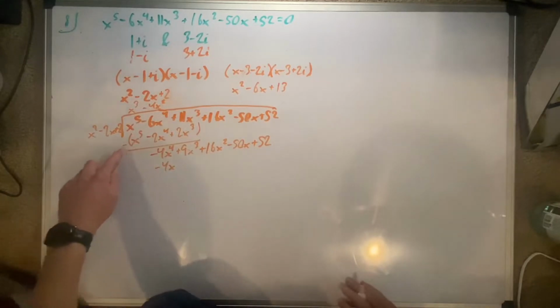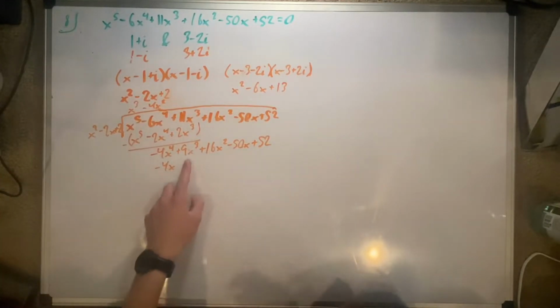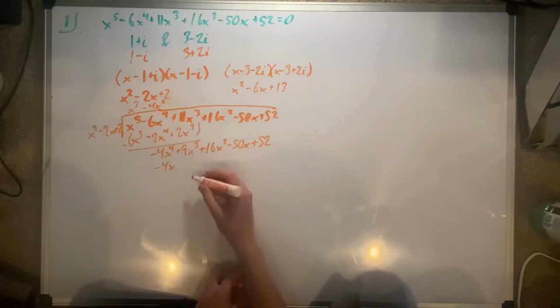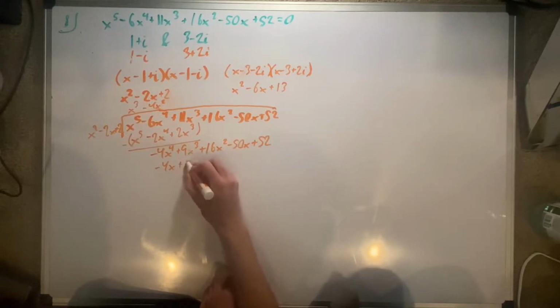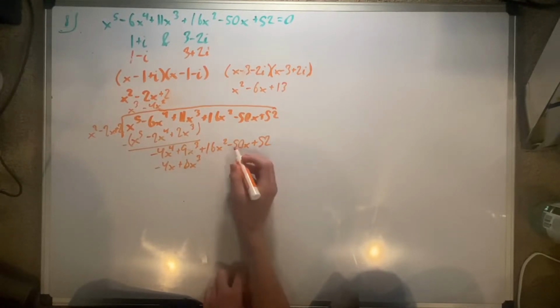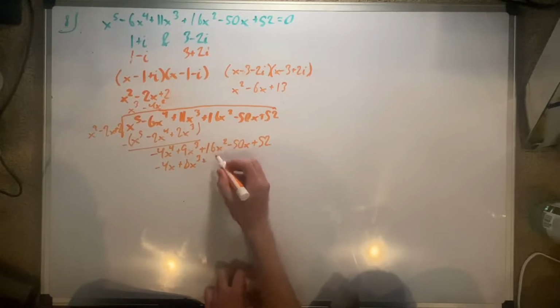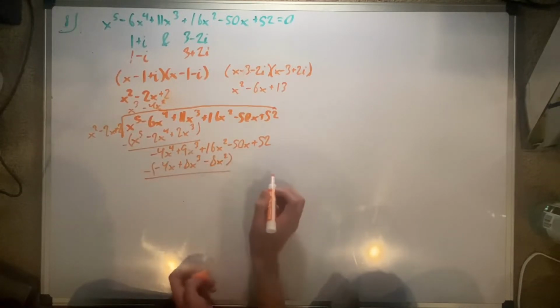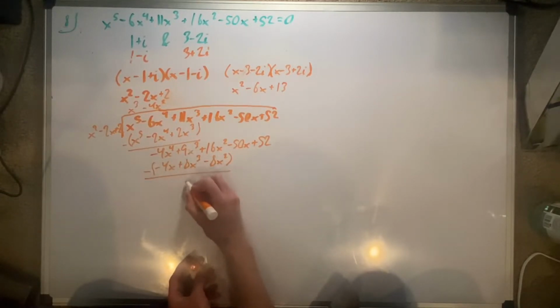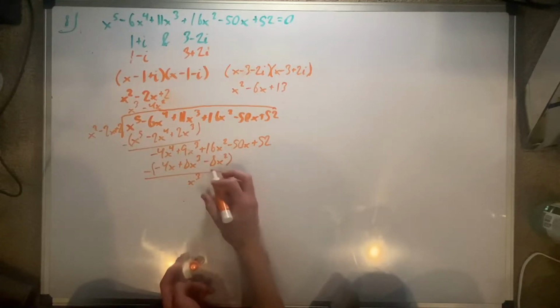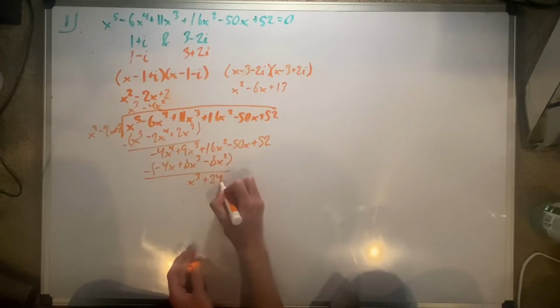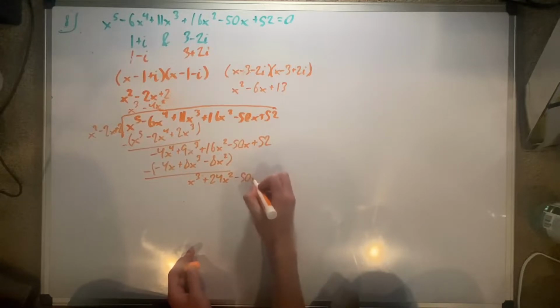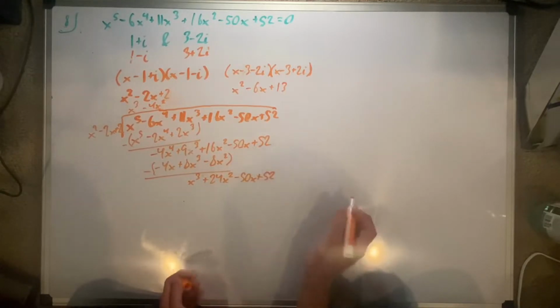And then just remember you have to distribute that negative, hence how I got that 9x cubed minus 4x plus 8x cubed minus 8x squared, minus everything, so then that would be a plus. We would have x cubed plus 24x squared minus 50x plus 52.